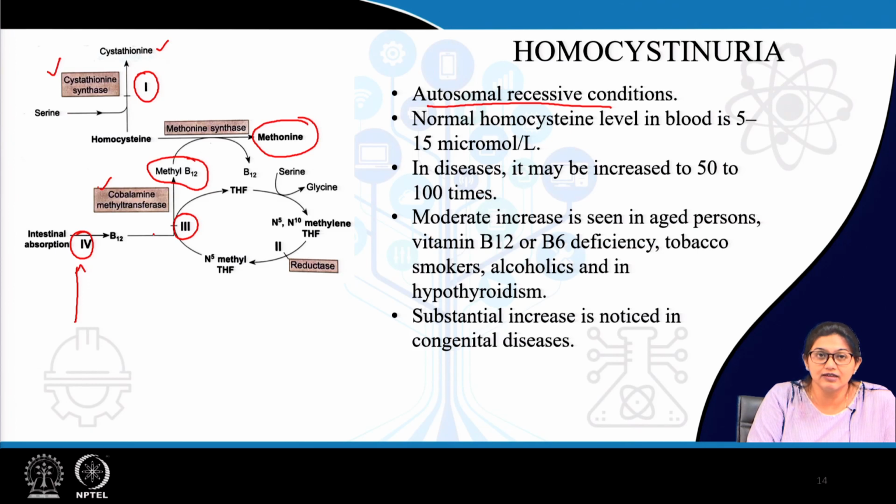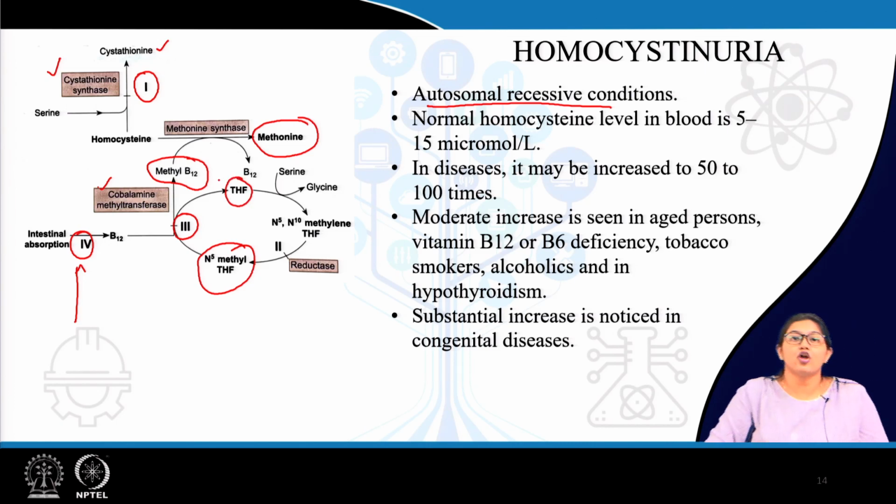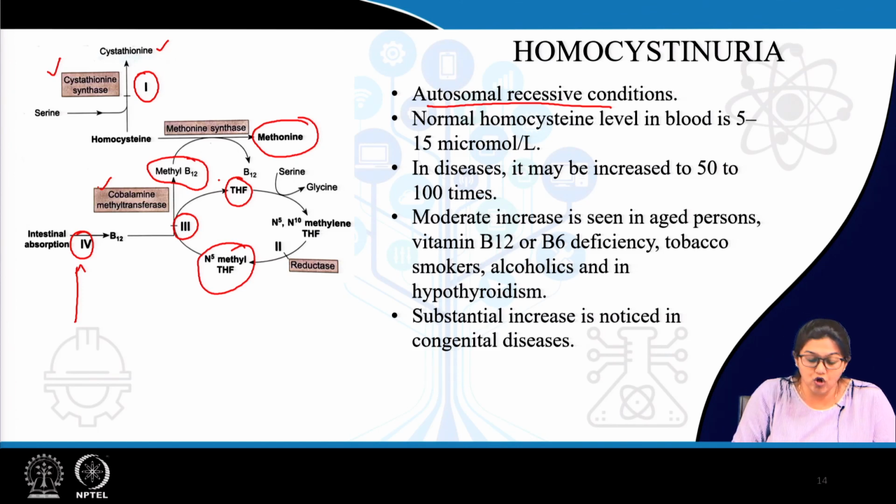So, you can see the methyl group donor to form methylcobalamin is methyl tetrahydrofolate. After donating the methyl group to cobalamin B12, it forms tetrahydrofolate, and from tetrahydrofolate, methyl tetrahydrofolate is formed with the help of one reductase enzyme. When this reductase is deficient, it causes type 2 homocystinuria.